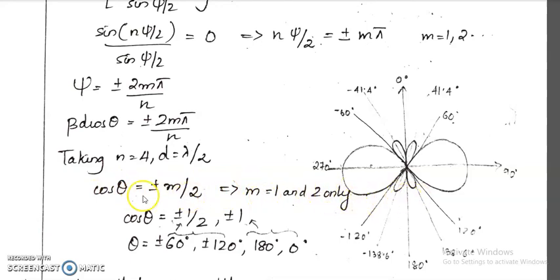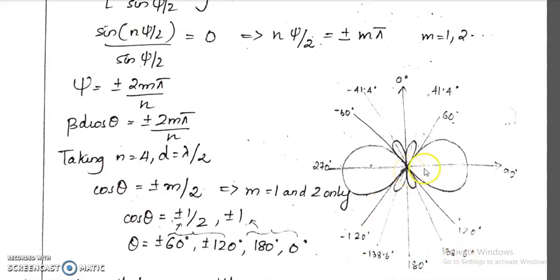For other values, you don't get any realizable value for cos theta. From that you will get theta equal to plus or minus 60, plus or minus 120, 180 and 0 degree. So you got the direction of maxima, the direction of the grating lobe and the null points. From that you can plot the radiation pattern.